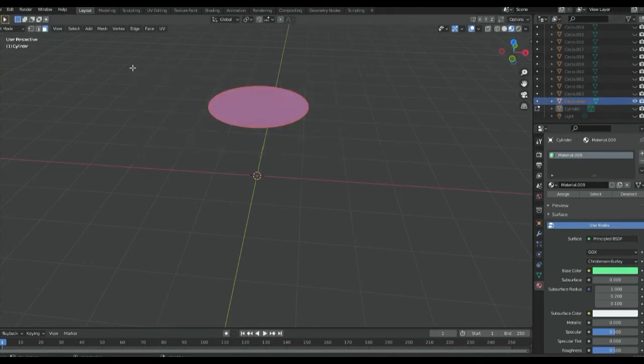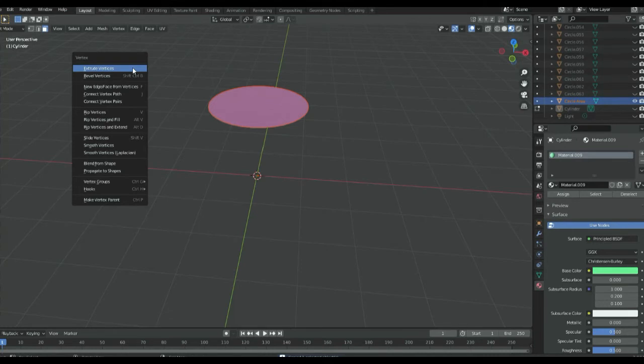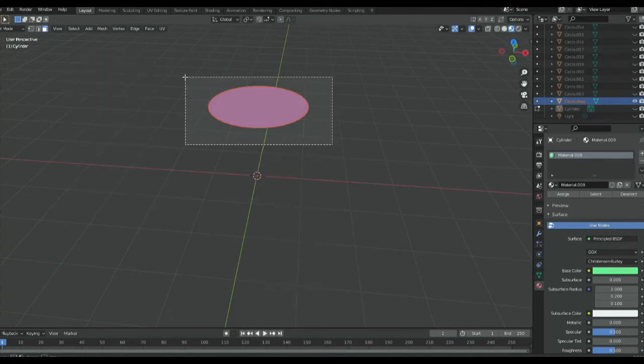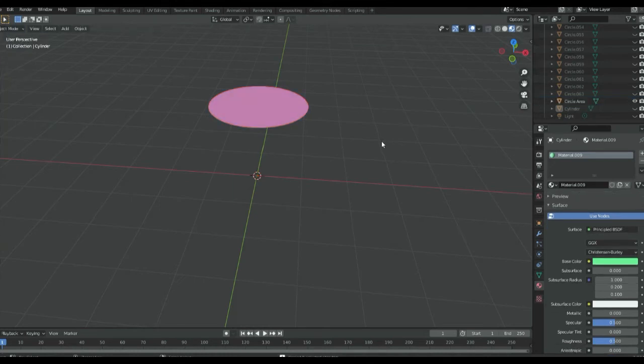Now what will I do? I will copy this and paste it. Just a second. I'm copying this and pasting it. Copy, paste. I'll keep doing this. Copy, paste.